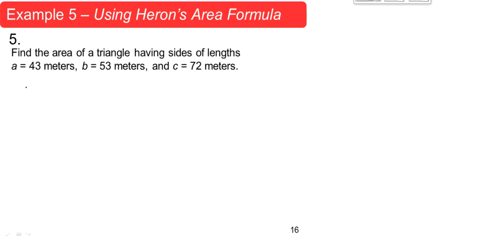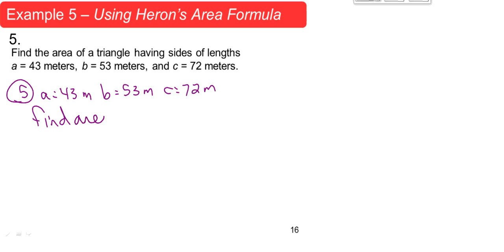So A is 43 meters, B is 53 meters, C is 72 meters, and find the area. And so we're going to find S first. It's 43 plus 53 plus 72, all divided by 2. So S is equal to 168 divided by 2, so that'll be 84.